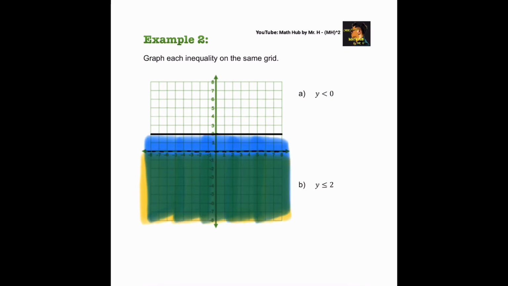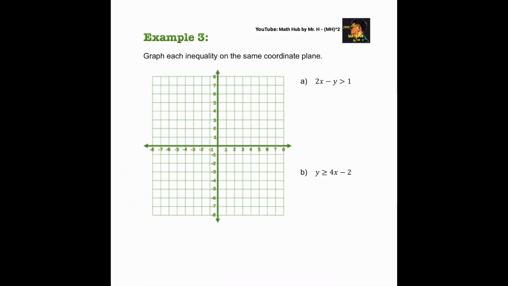All right, so let's move on to example 3. So for example number 3, both variables x and y are present, and so we are going to be expecting here a diagonal line or slant line, right?